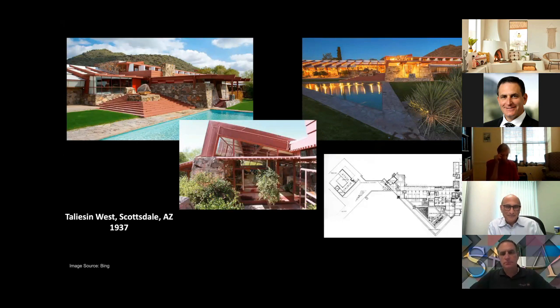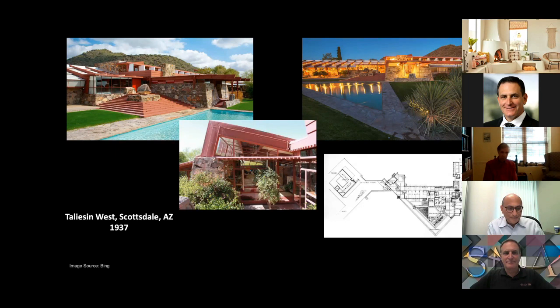And Wright and the Taliesin Fellowship, which were kind of his pupils, began to migrate to Arizona each winter in 1935 to escape the harsh Wisconsin winters for Wright's health on his doctor's advice. So in the initial winters in Arizona, Wright and his students lived in tents while they built the first structures, mainly by hand using as much local material as possible. So rocks, stone, and sand.